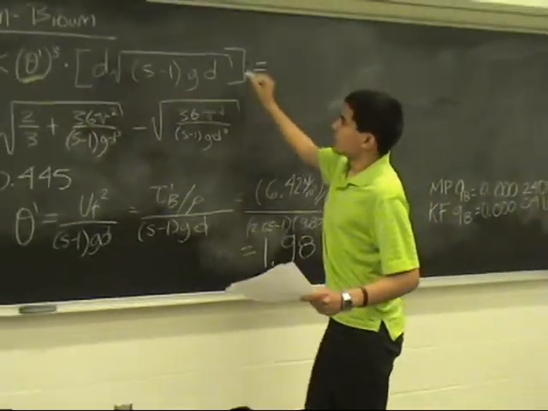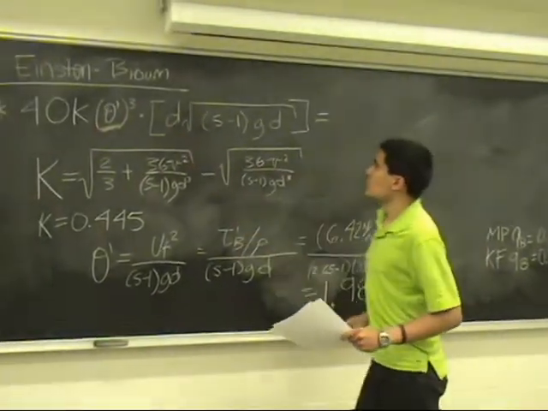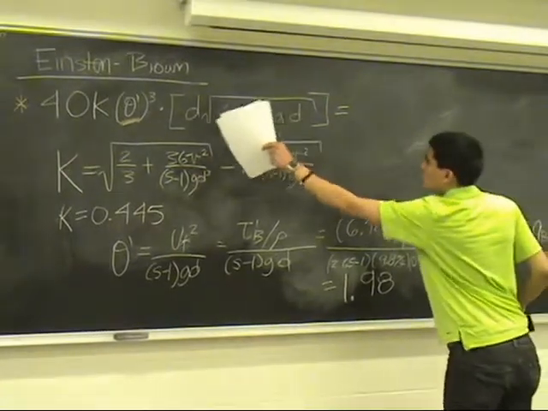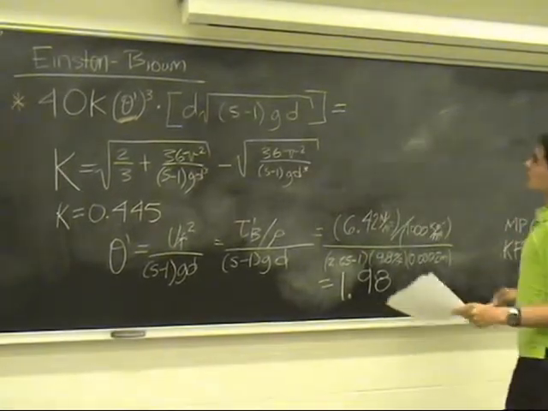Now that we know the K and the Shields parameter, we also know D. We know everything we need to know.